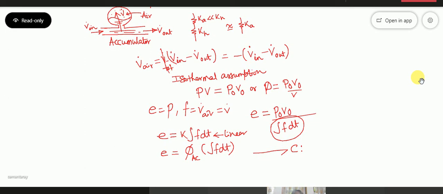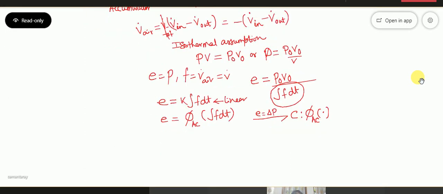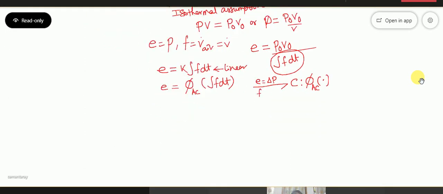Rather, we will write a function, and within that, whatever arguments are there. So here effort is delta P, flow is V dot, but the parameter is not defined. We have some kind of a function.